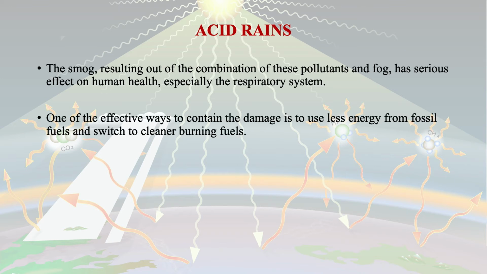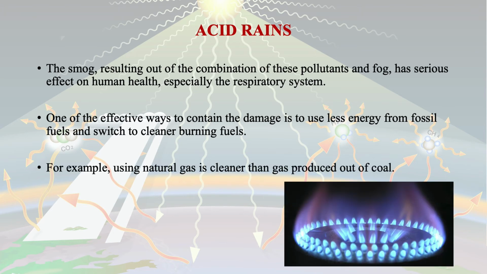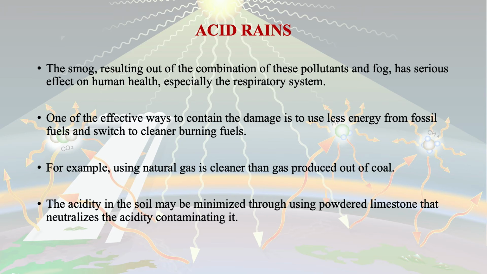One of the effective ways to contain the damage is to use less energy from fossil fuels and switch to cleaner burning fuels. For example, natural gas is cleaner than gas produced from coal. The acidity in the soil may be minimized by using powdered limestone that neutralizes the acidity contaminating it.